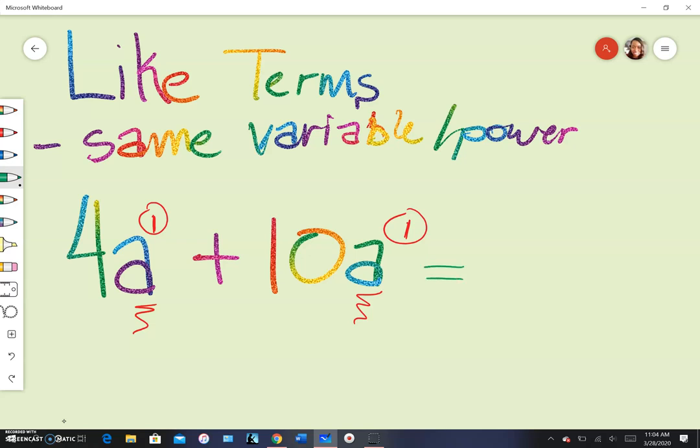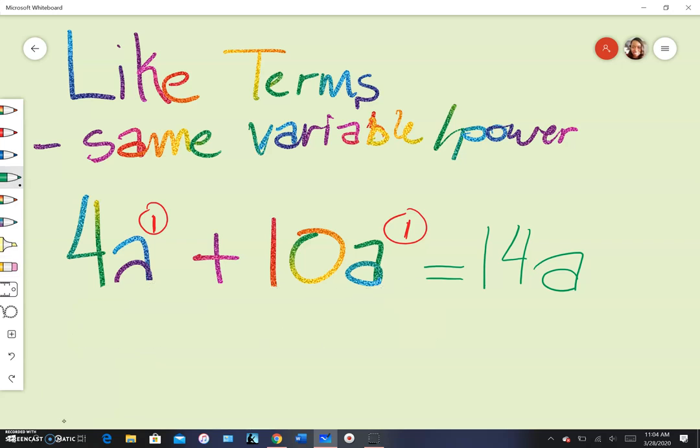So to combine them, we will maintain the same variable from the problem, and we're just adding our coefficients, or the number right there in front of the variable. So 4 plus 10 is just 14. So 4a plus 10a equals 14 apples. Oops, not apples, 14a.